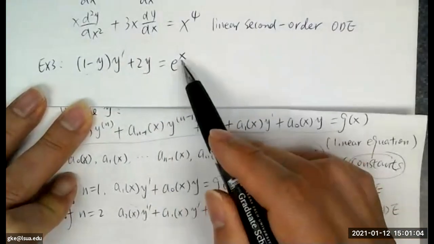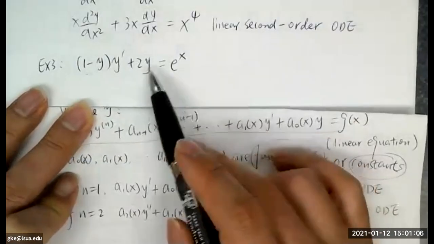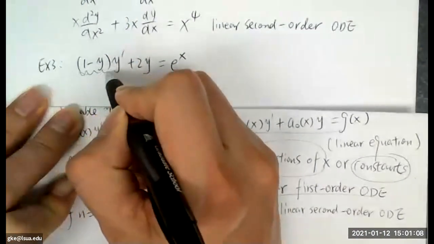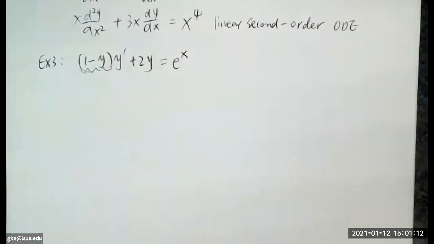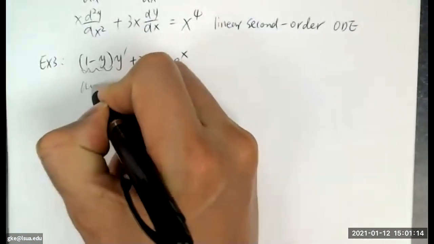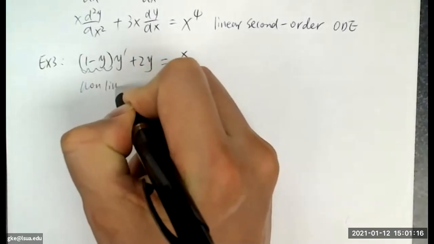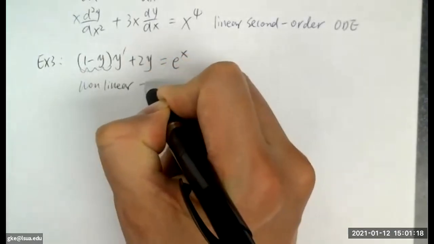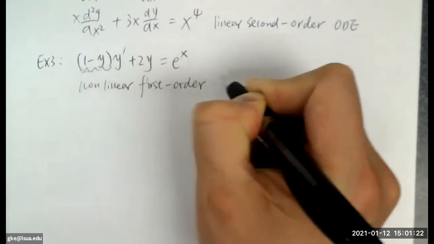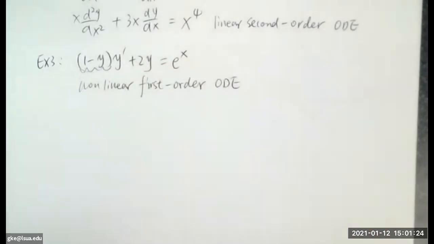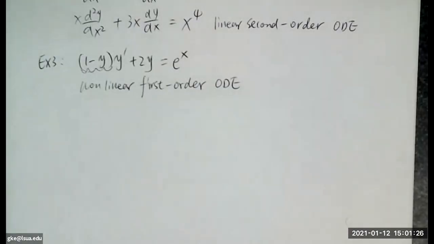And the gx is e to the power x. That's a function of x. This one is not a function of x. Okay, so that is nonlinear. And of course, that is first order ODE. Okay, nonlinear.